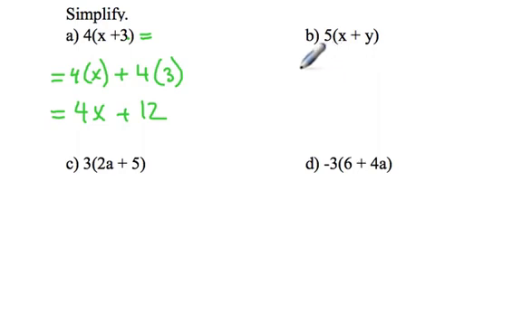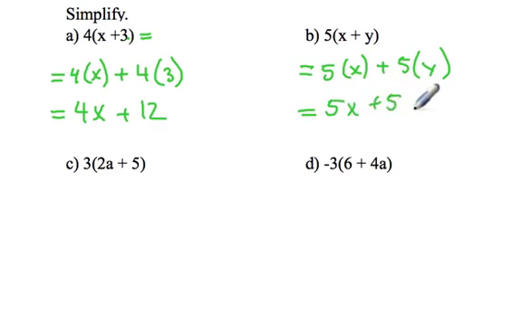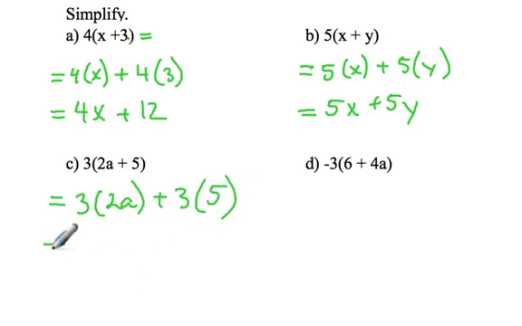Question B, similar situation, we'll use distributive property. 5 times x plus 5 times y equals 5x plus 5y. Question C, we have 3 times 2a plus 3 times 5 equals 3 times 2a is 6a plus 3 times 5 is 15.